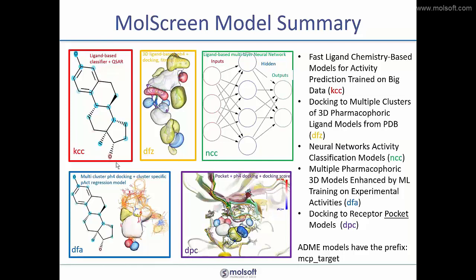So depending on the amount of information, obviously some targets don't have enough crystal structures to build a decent DPC model, so you may have a DFC or DFA model, but you can see which kind of models we have in the all target table that I'll show in a bit. So ADME models and toxicity models will have the prefix MCP and then the target for those models.